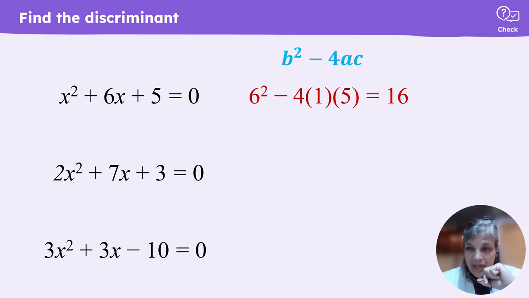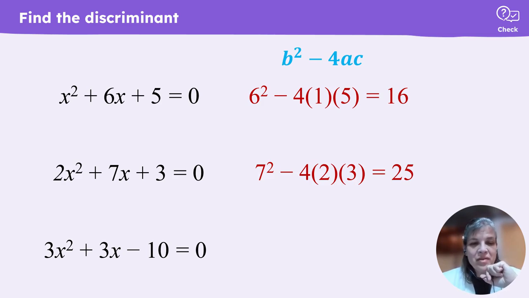All right, now you try the next one. See if you can find what b squared minus 4ac is for the second equation there. You can pause the video and then try it. Okay, hopefully you got 25. We have b is 7, a is 2, c is 3. Okay, try the last one.